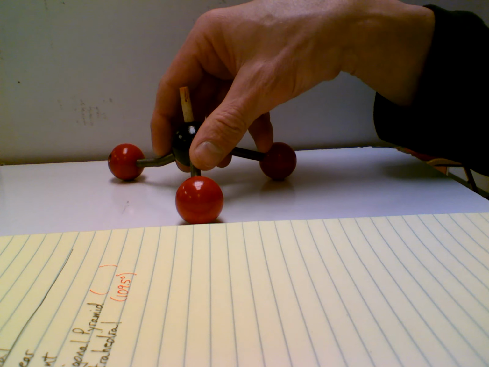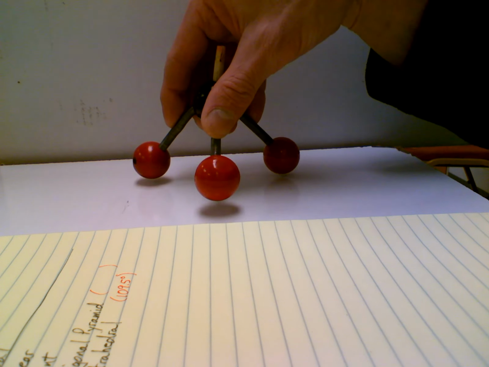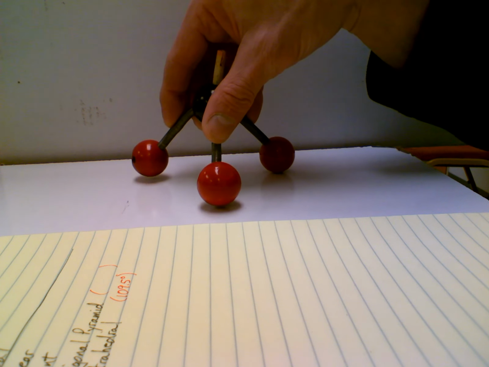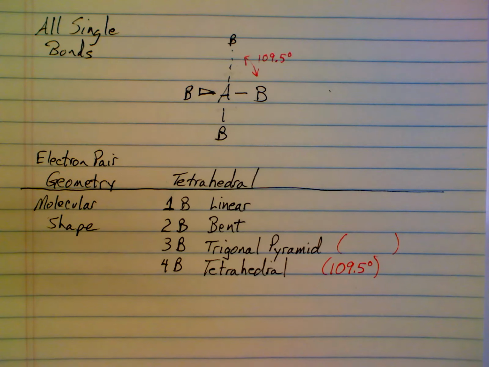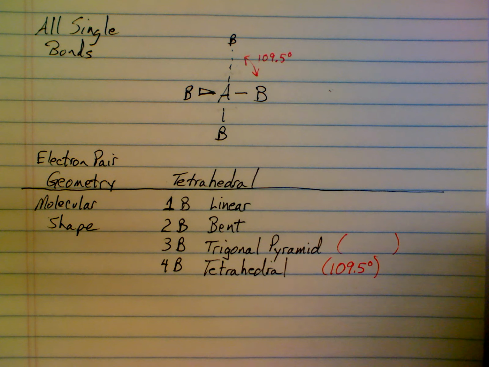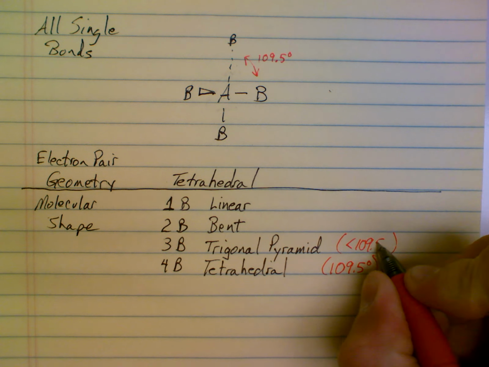So again, when that unshared pair is there, it will repel the others more so, and as a result, the bond angles will be less. So the bond angle for a trigonal pyramid will be less than 109.5 degrees.